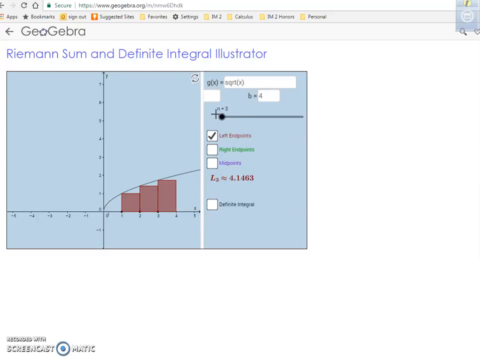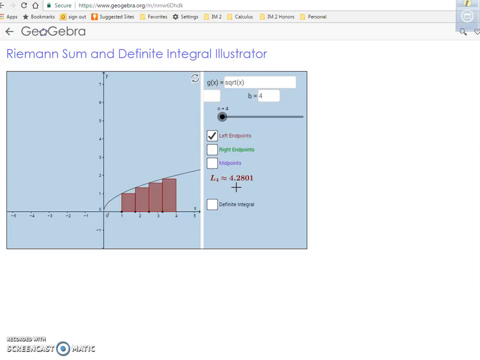So far I have it set for n equals 3, and the approximation is approximately 4.1463.